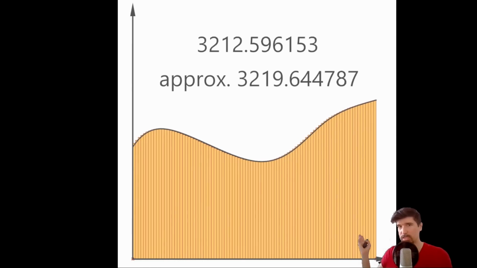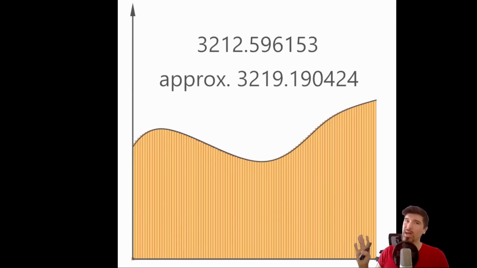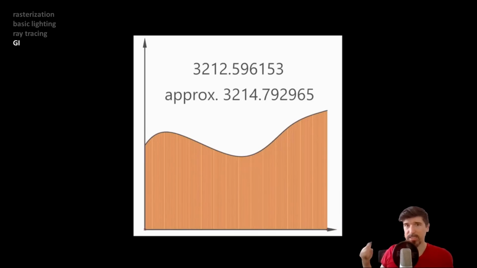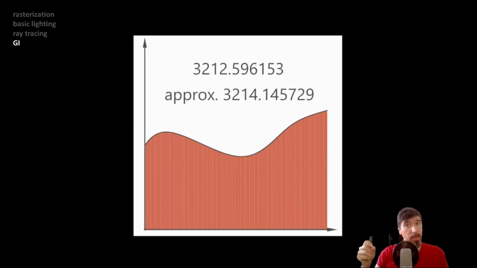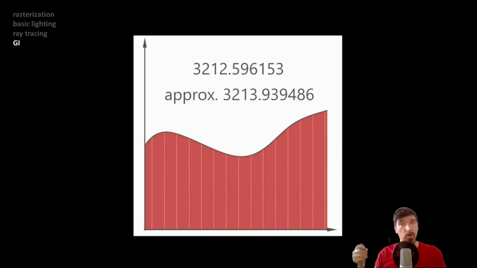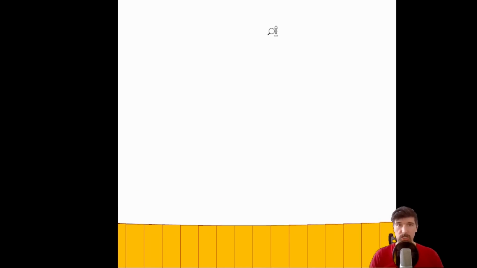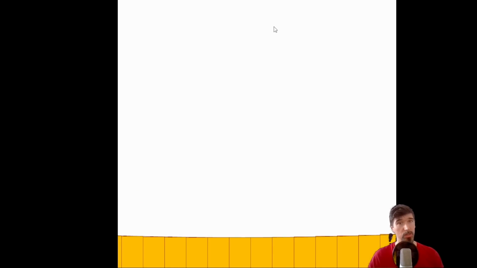And with 100 samples, we are not there yet, but are close to it. So let's add more. If we add 1,000 samples, the results will be fairly accurate and the area under the curve would look like it approximates the final result very closely. But does it? If we zoom in very, very close to the curve, we can see that there are still some pieces of the area missing, but at least we have a starting strategy for solving our rendering equation integral.